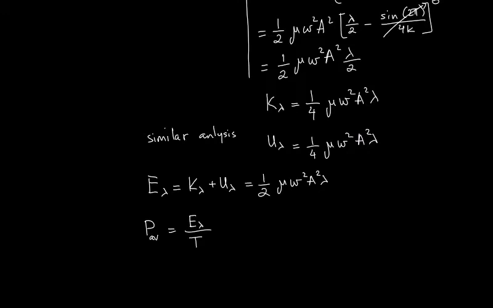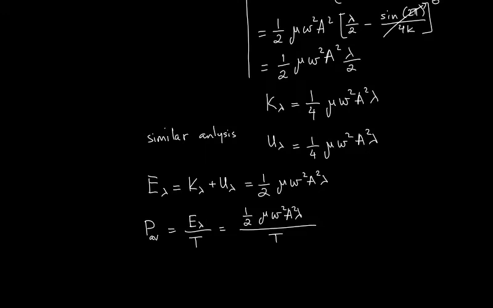Because it's one wavelength of distance, it's the energy per wavelength, and it takes one period of time. So that equals 1/2 mu omega squared a squared lambda over the period.